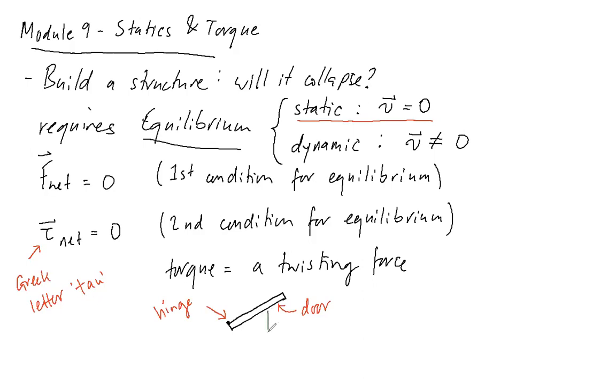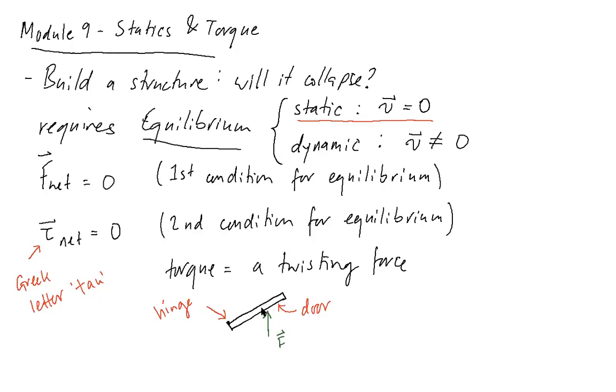So you apply a force, and what's going to happen? If you apply your force over here, and this part of the door is constrained to remain attached to the door frame, because that's where the hinge is, then the door is going to want to swing open.